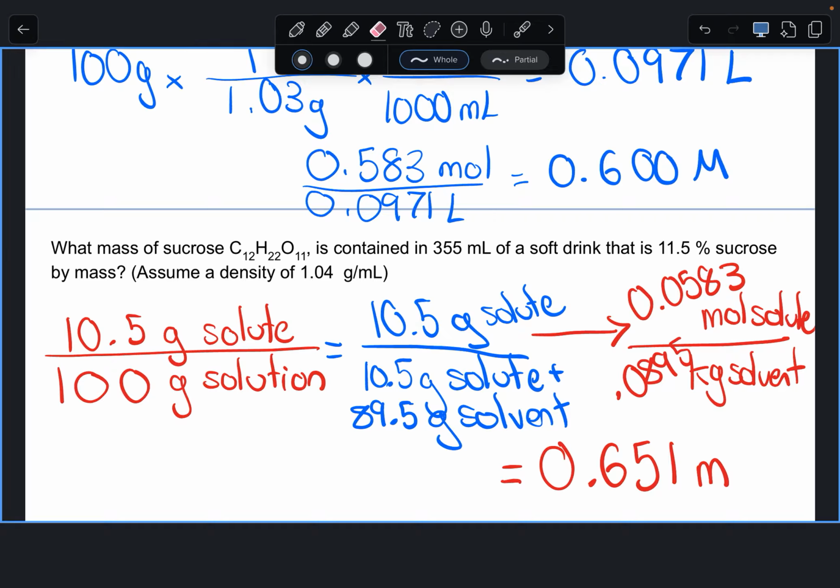So let's highlight the key things so that you can see how you would approach this. Mass, volume, a concentration unit, and a density. Because it's only involving one concentration unit, you're starting with one, you're not converting to another.